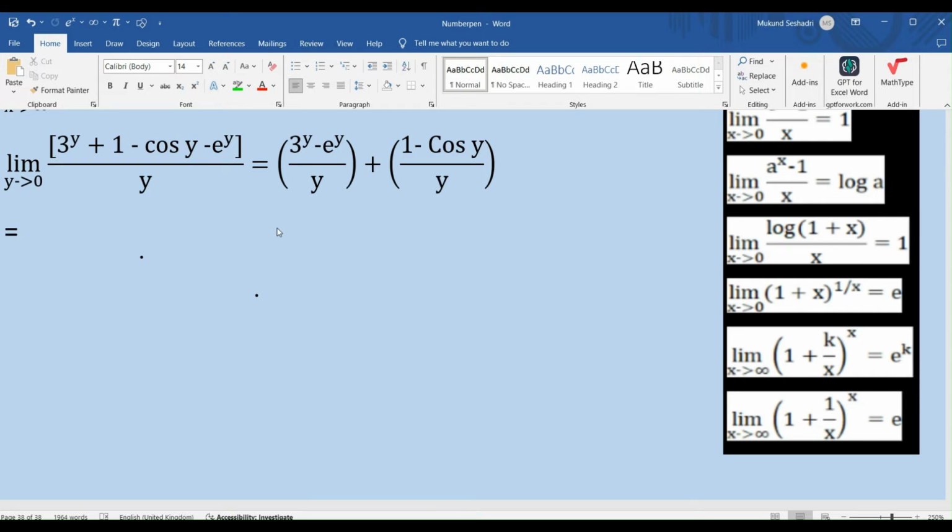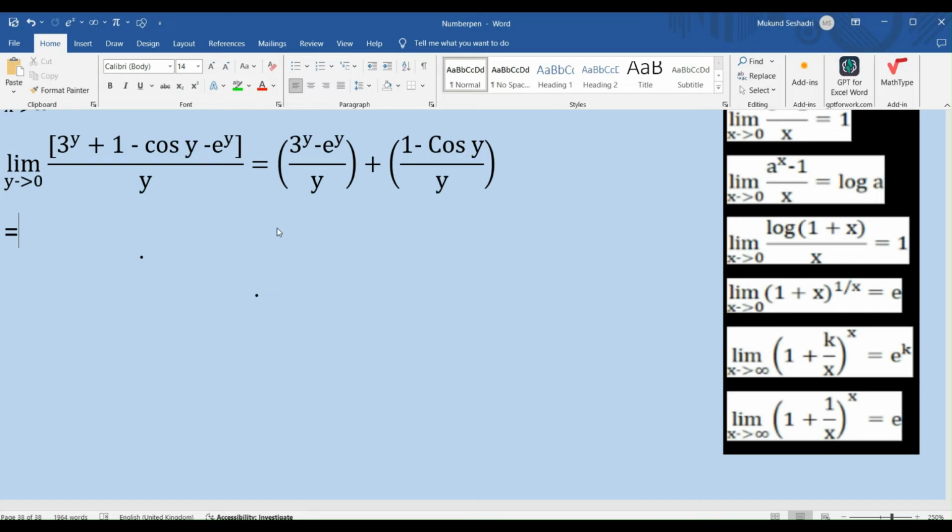Problems which use this particular formula have been solved. So we will not go into solving the second part of the problem, which is 1 minus cos y divided by y. The limit tends to 0.